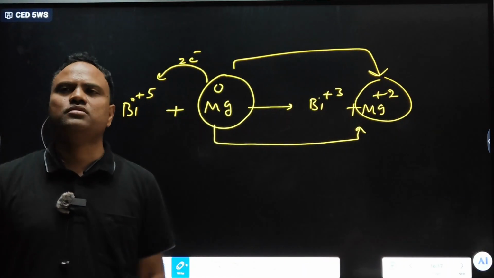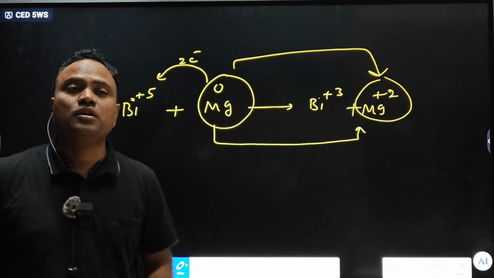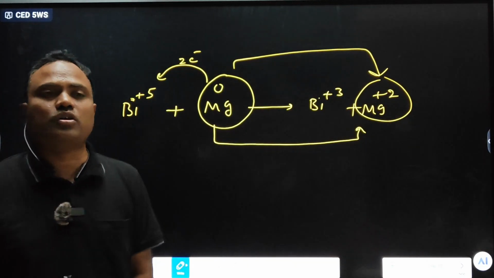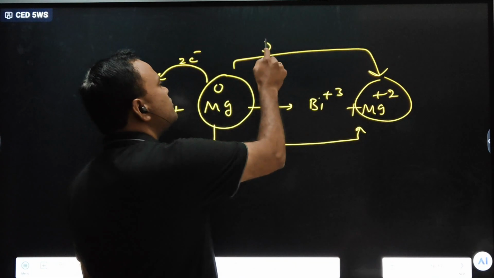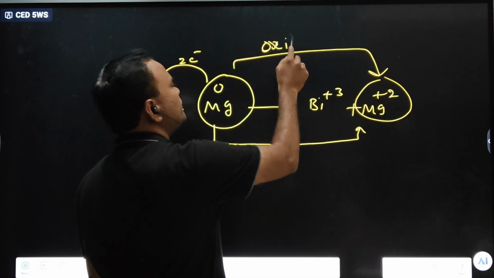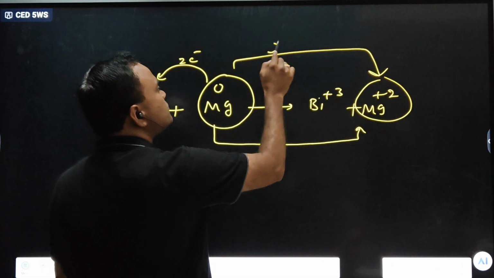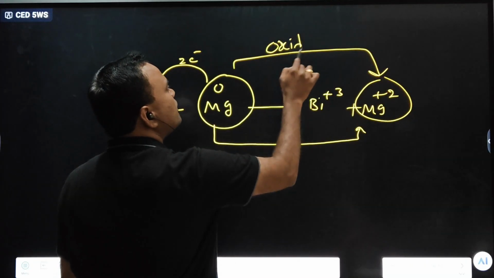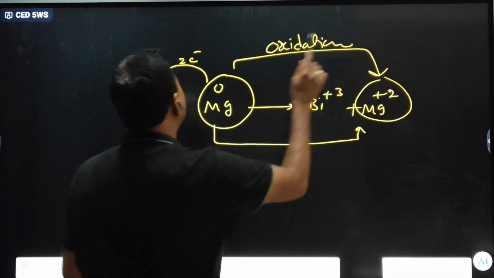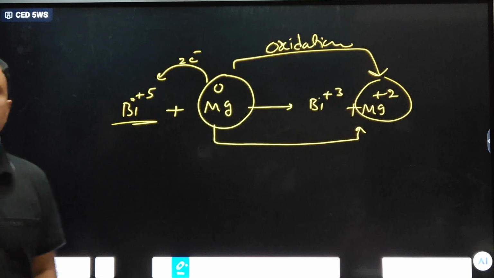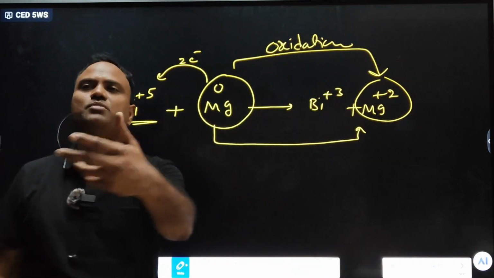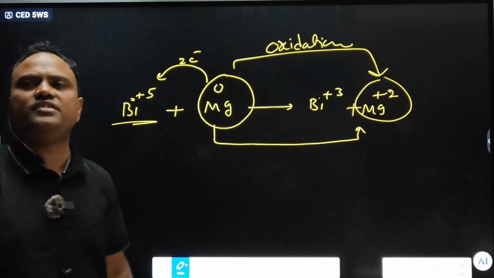Oxidation. An increase in the oxidation state is called oxidation. Means magnesium is undergoing oxidation, which means someone is causing oxidation. Who is that? Bismuth. Bismuth is causing oxidation. So Bi plus 5 is a good oxidizing agent.